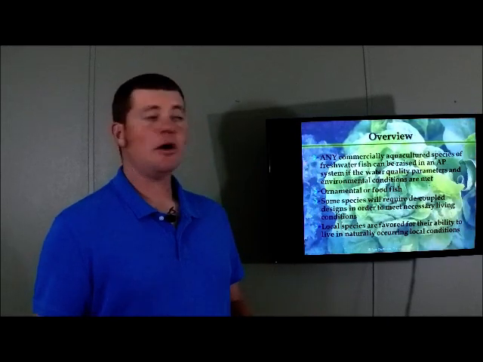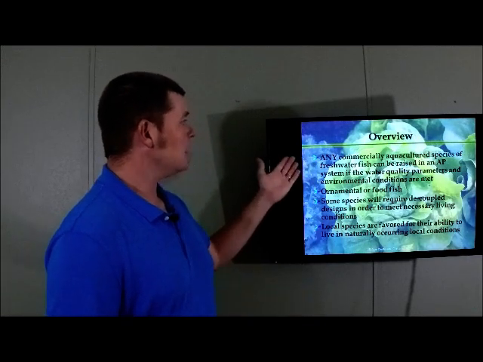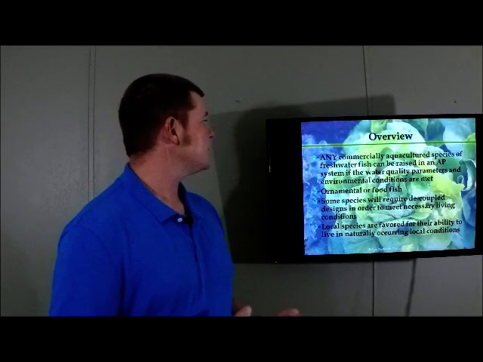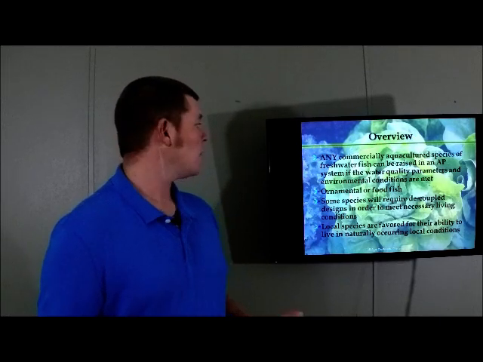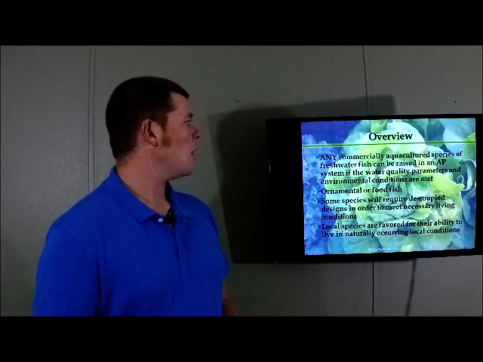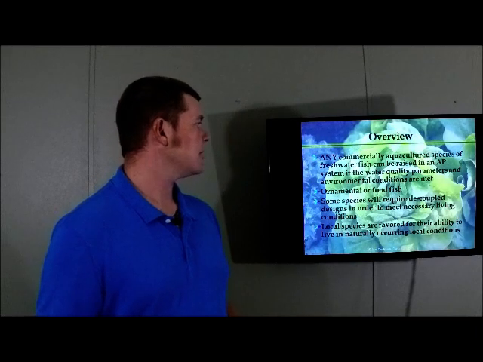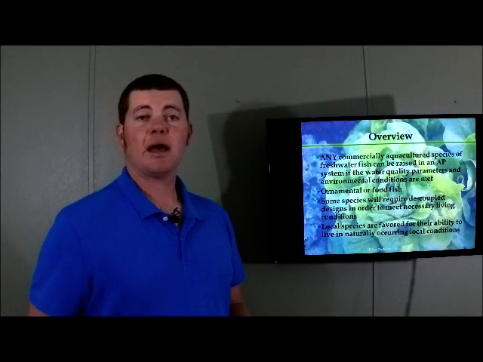So just a brief overview here. Any commercially aquacultured species of freshwater fish can be raised in an aquaponic system if the water quality parameters and environmental conditions are met. Okay?